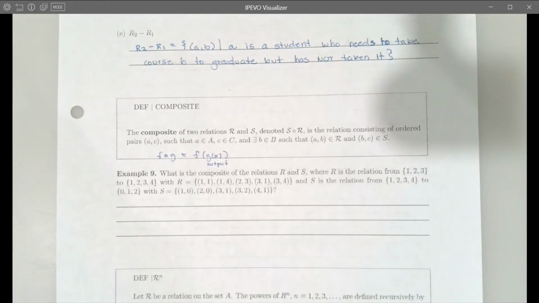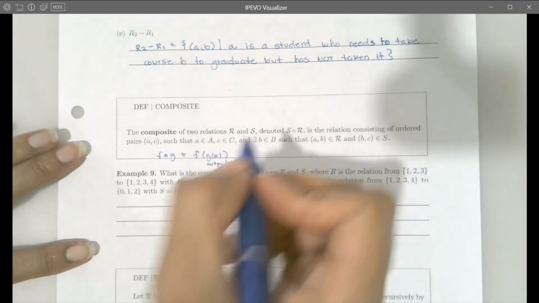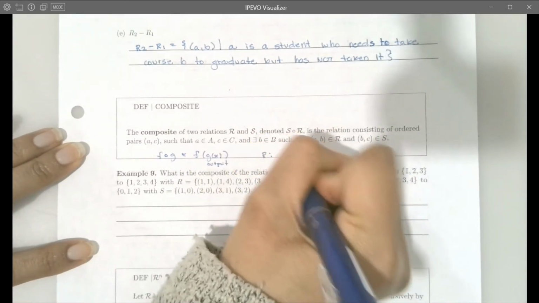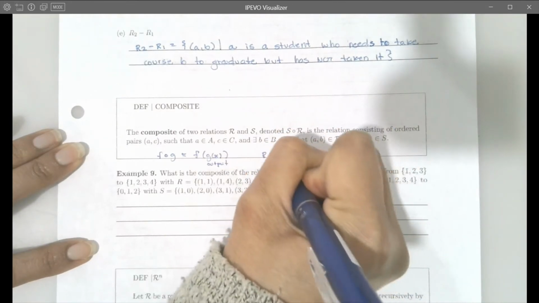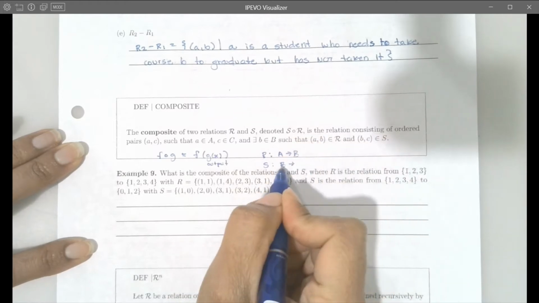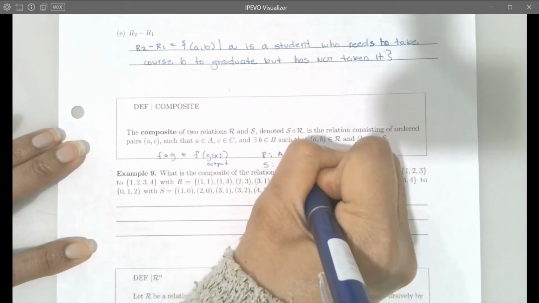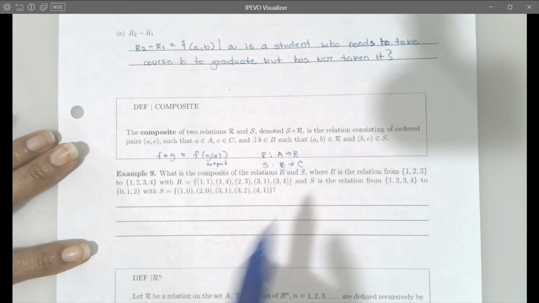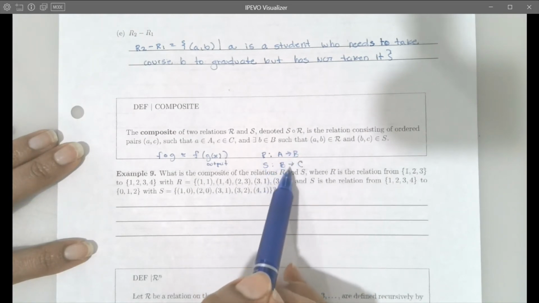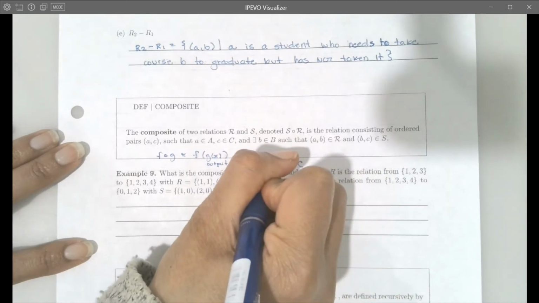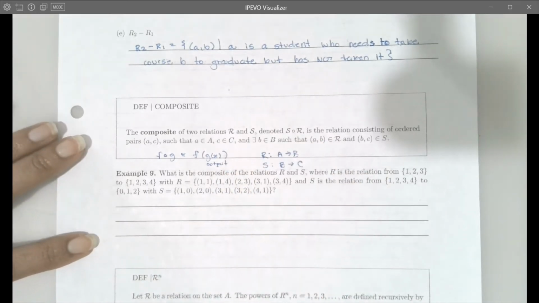Similarly, when we have the composite of two relations, such as S∘R, we need to make sure that if R maps from A to B, that S begins taking inputs from the set B out into some other set C. Basically, the output set of R has to be the input set of S. Otherwise, the composite won't be well defined.